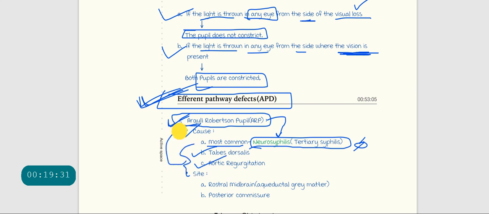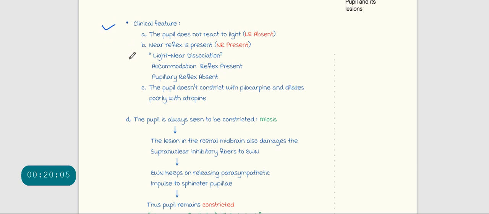Now the site involved in this defect is the rostral midbrain, or the aqueductal gray matter. The posterior commissure is involved. Now what are the clinical features of Argyll Robertson pupil? The first clinical feature is that the pupil does not react to light, so the pupil is not reacting.